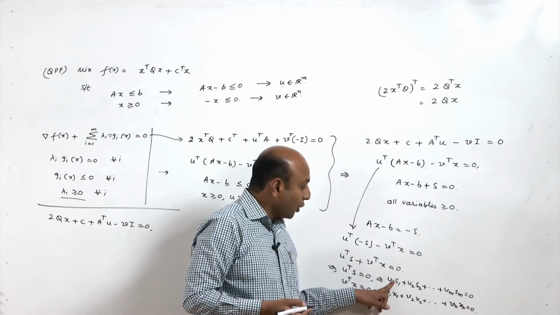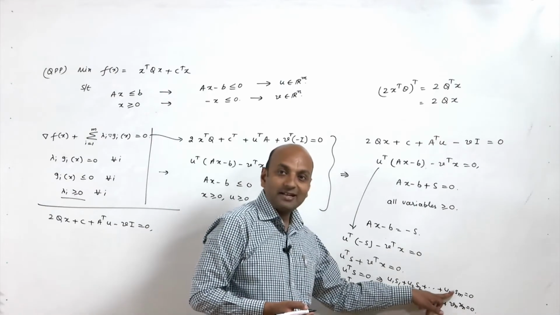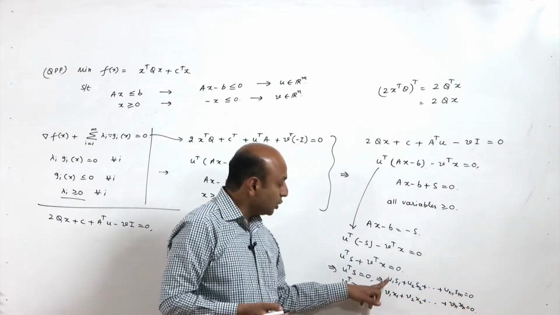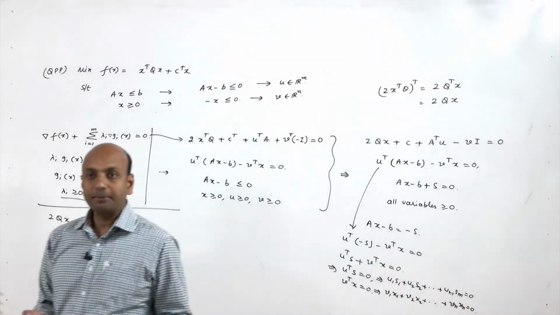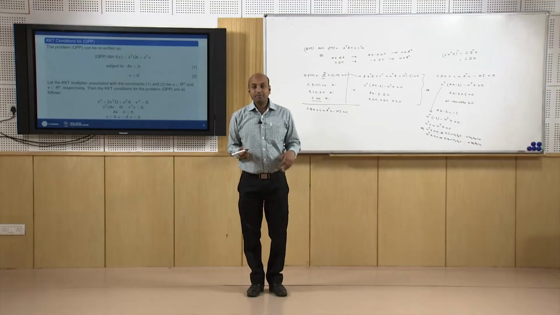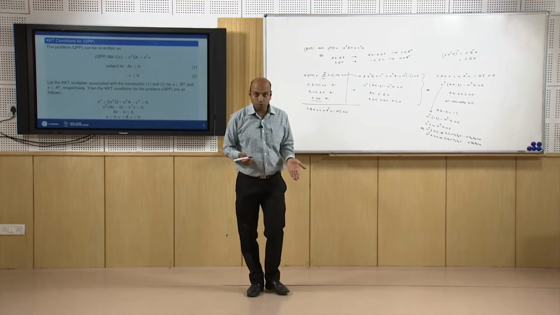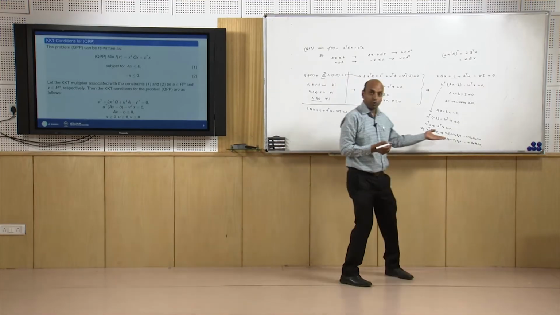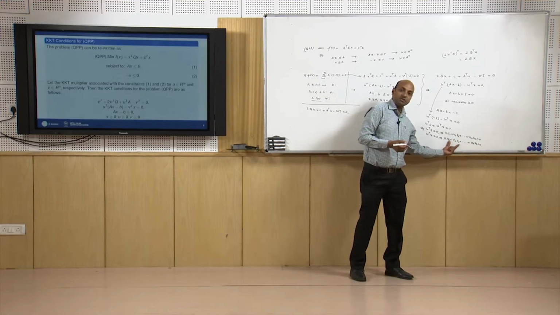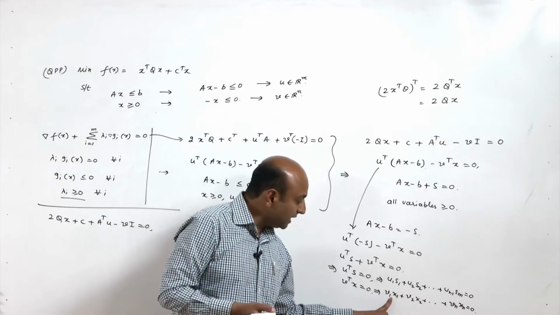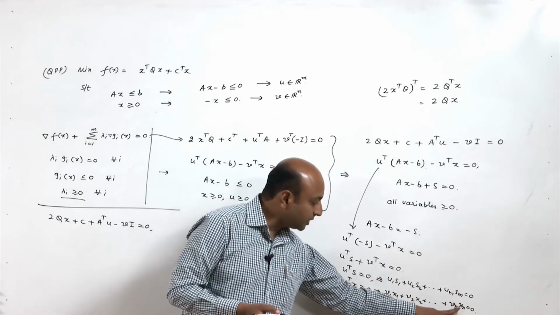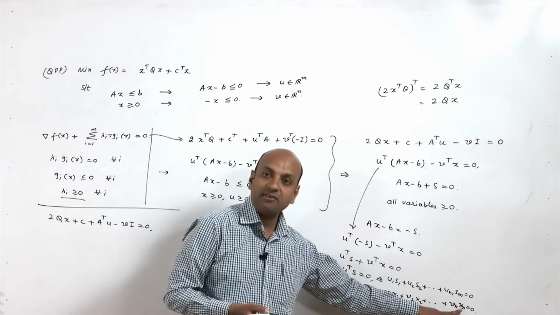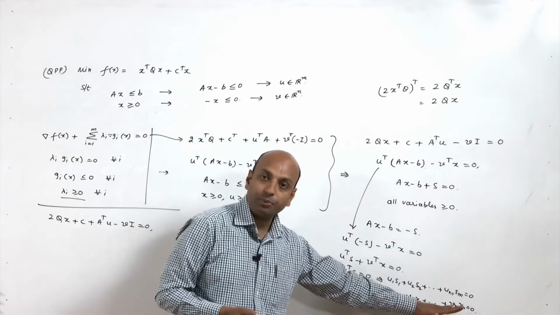Again all the components are non-negative and the sum is 0. This means ui si equal to 0 for all i. This means u1 s1 equal to 0, u2 s2 equal to 0 and so on, um sm equal to 0. And if we apply the same concept here, because each term in this expression is non-negative and the sum is 0, each term is 0.